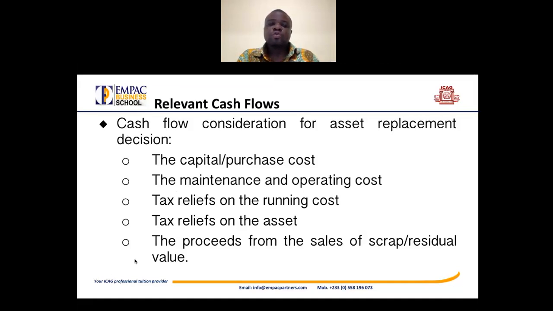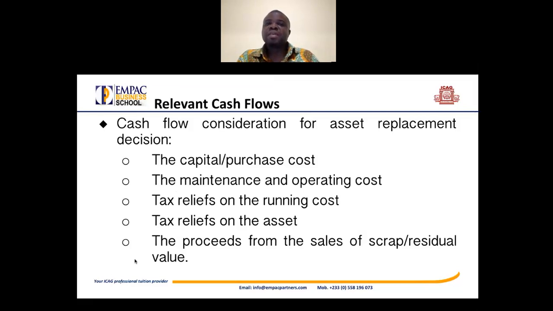And then you also need to consider the tax relief on the asset. Like we have already considered, the tax relief on the asset comes in the form of capital allowance. So you would have to determine the capital allowance under each of the methods. If you recall, we said that there are two main methods in the determination of capital allowance: the reducing balance method and the straight line method.